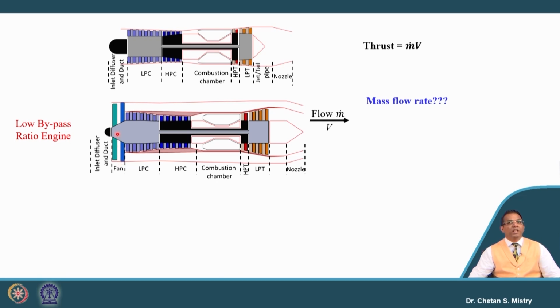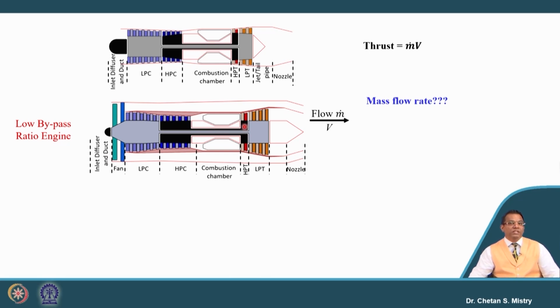Suppose I am putting a larger size fan, then it will be sucking the air from the atmosphere here, and on the upper side of our main engine or turbojet engine, or rather now I say core engine, I am having the duct. So, this is a duct on the outer side. Okay. So, let us look at how exactly this machine is working.